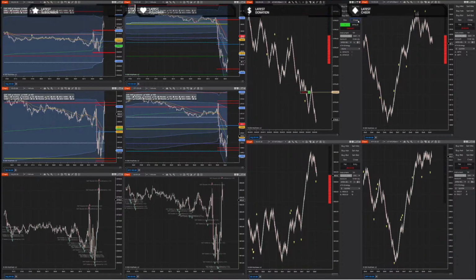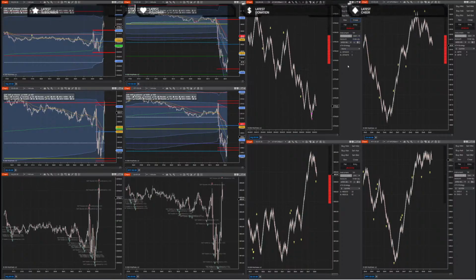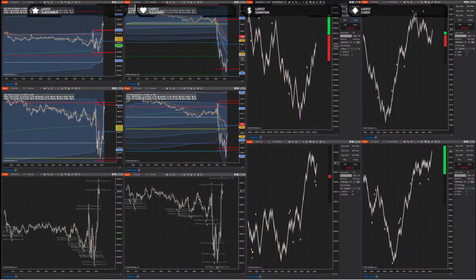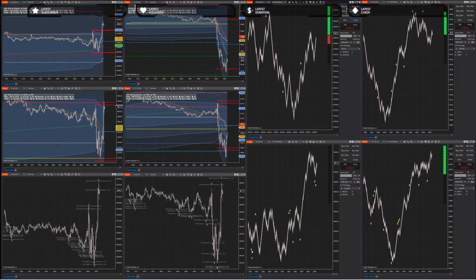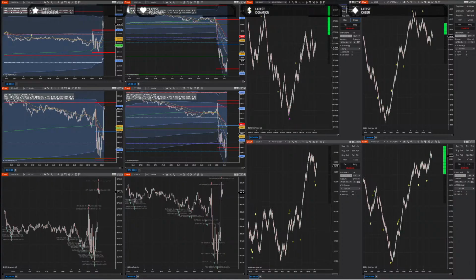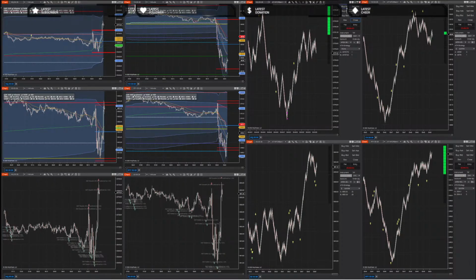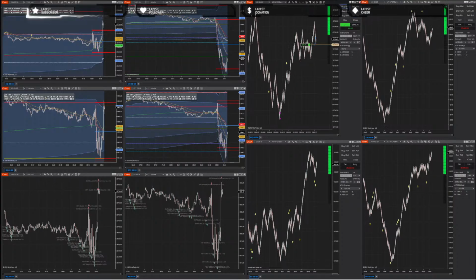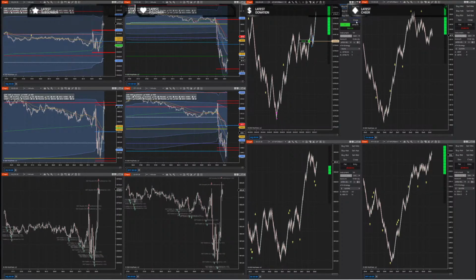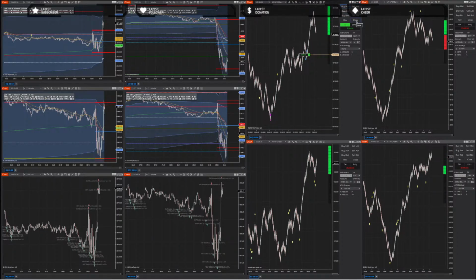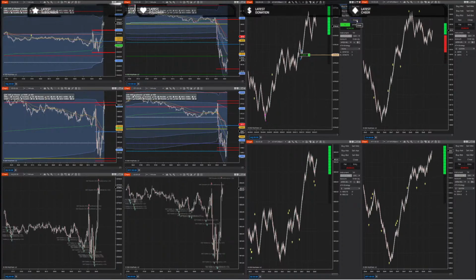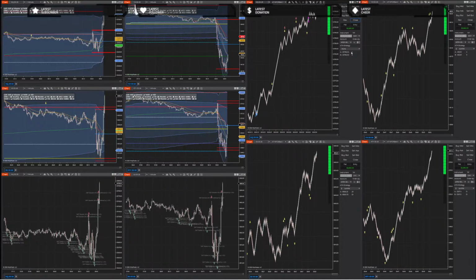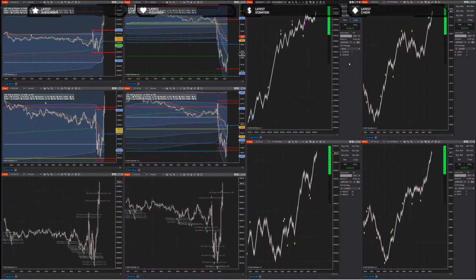All the way back down there, huh? Damn. Dang, dang. Was not expecting that, but there you go.